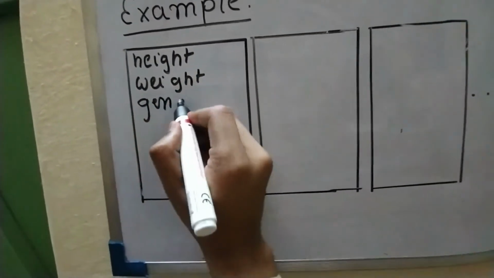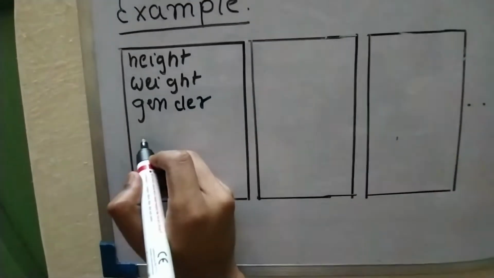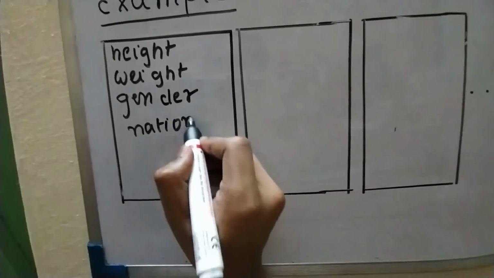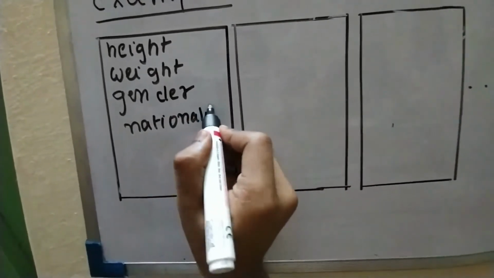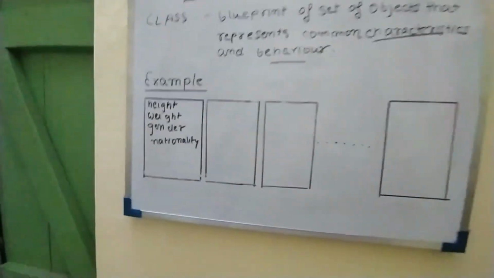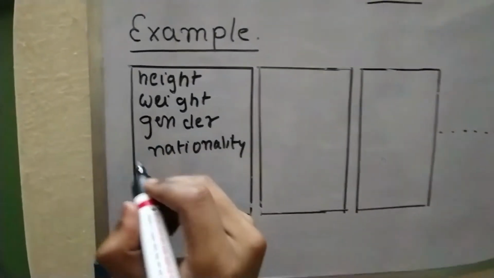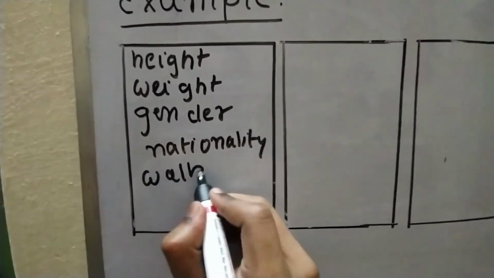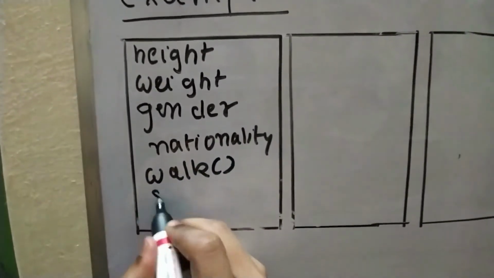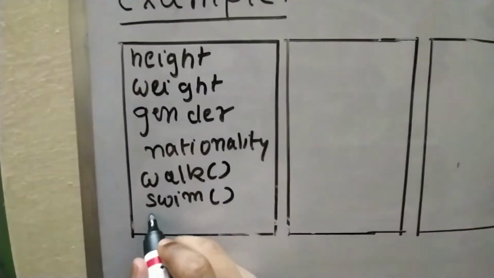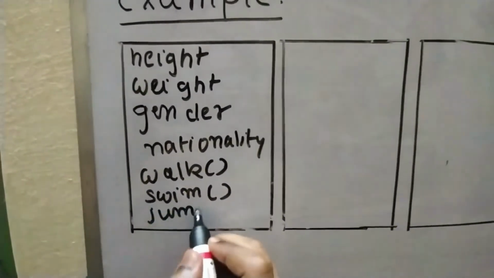Gender and nationality. Then walk, swim, and jump.